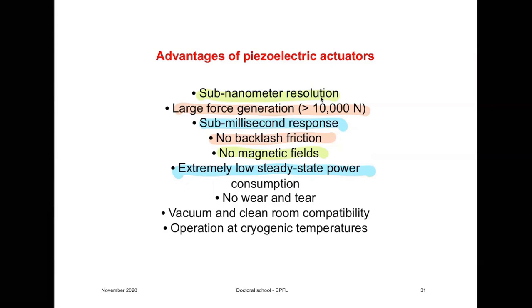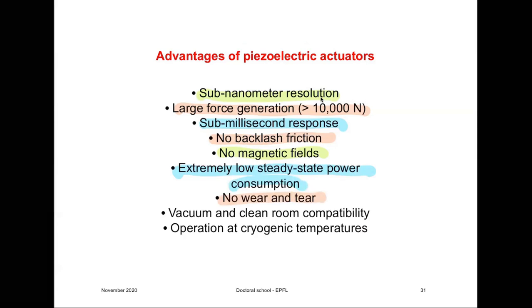So the power is in general certainly lower, under any operating condition, than electromagnetic actuators. There is no wear and tear because there are no moving parts.